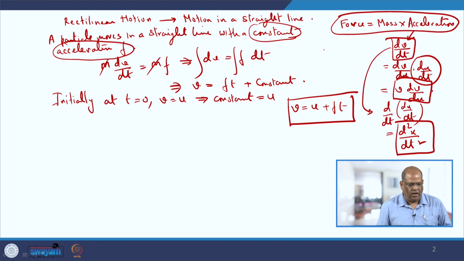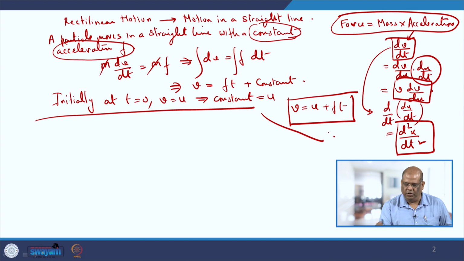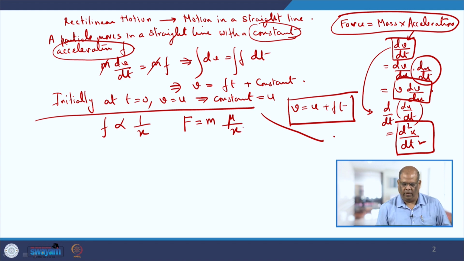So, let us take the change in law. Now, we assume that f varies as 1 by x. f is the acceleration. Now, it is not constant, it varies as 1 by x. And then your force is going to be mass into acceleration, so some m mu by x, where mu is the constant of proportionality.